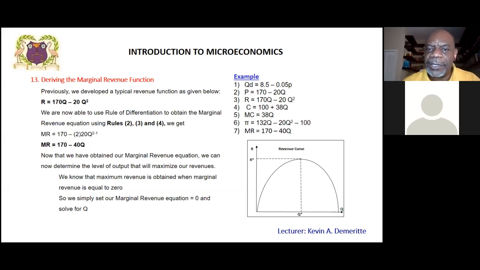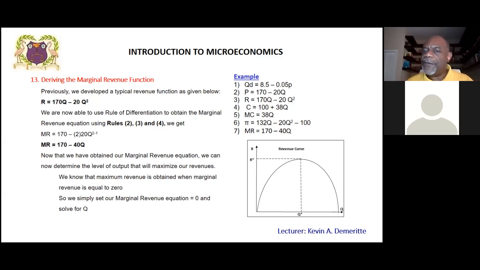So it's easy, if you look at, say, the cost function, to find out what the rate of change is, to find out how much cost is going to increase when output increases. If we're not producing anything, the only cost we have is our fixed cost, in this case 100.